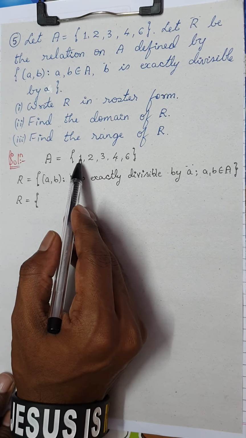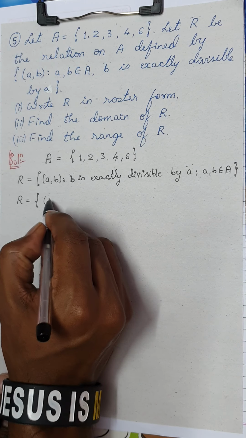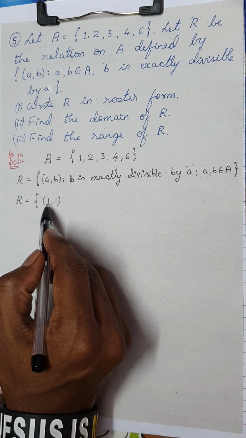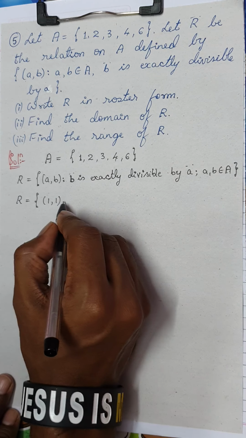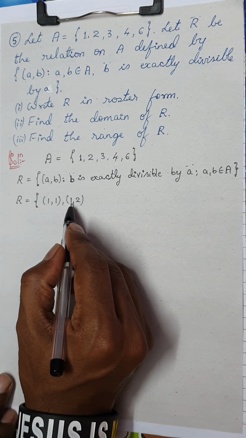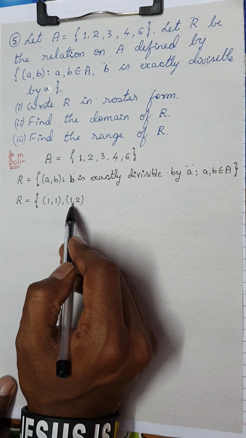Now if you start the relation A on itself, I can take (1, 1) because 1 is easily divisible by 1. Now I can take (1, 2) because 2 is exactly divisible by 1, because any number is divisible by 1.